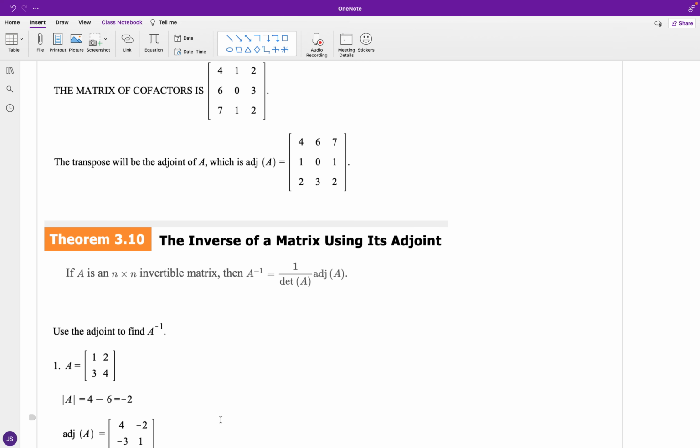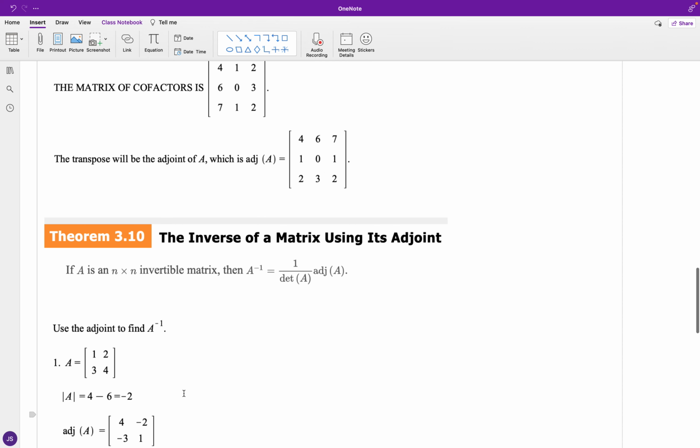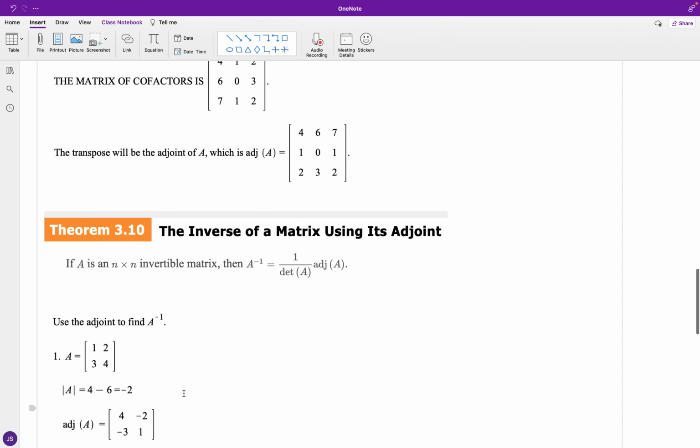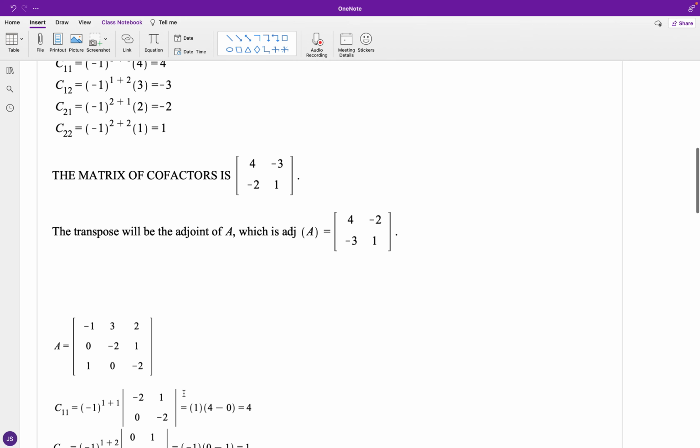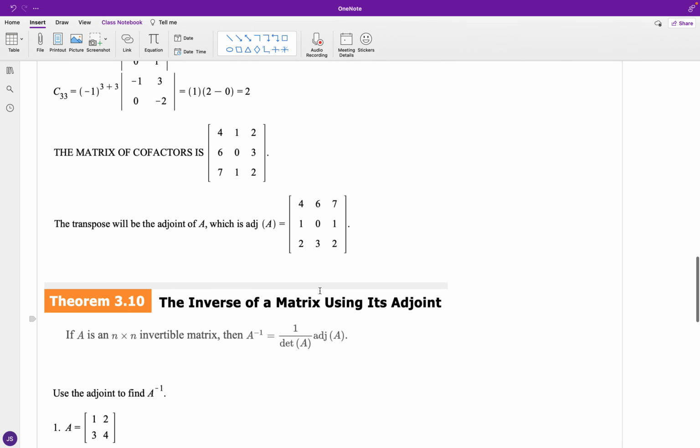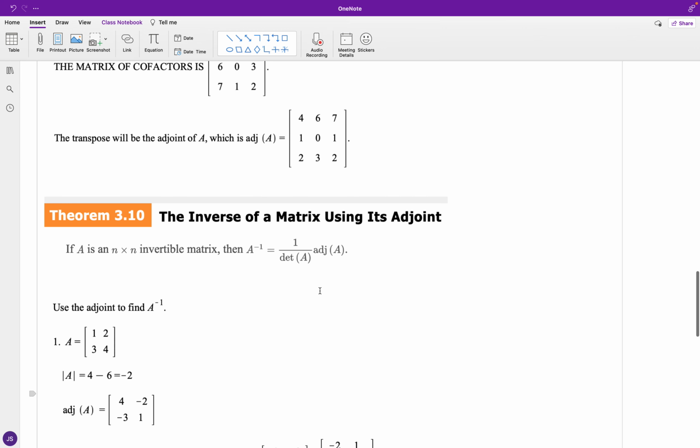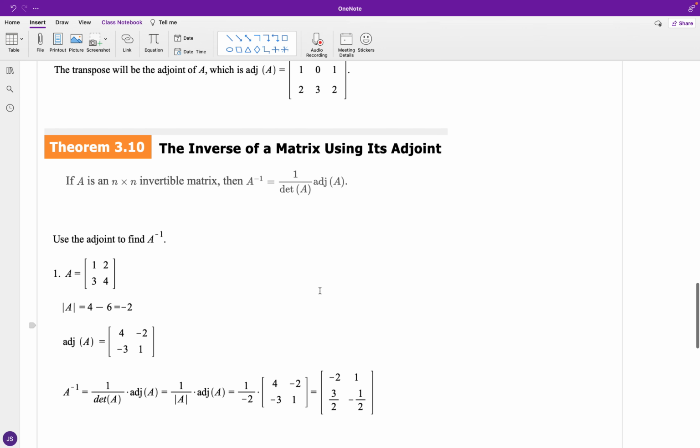Again, we're now going to have the determinant of A: 1 times 4 is 4, minus 3 times 2, so 4 minus 6 is equal to -2. And going back to the adjoint from earlier, just repeating, we have 4, -2, -3, and 1. And we have our tools at hand.